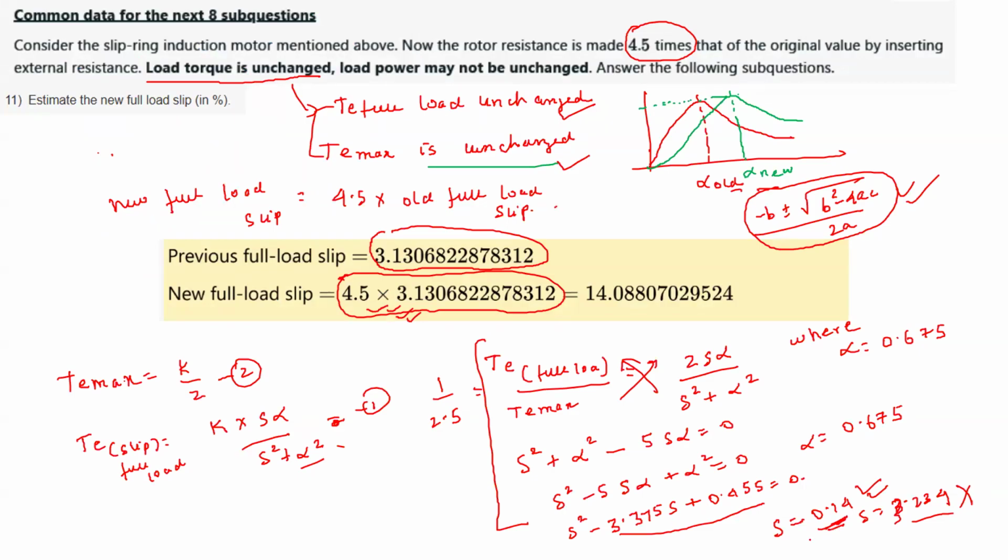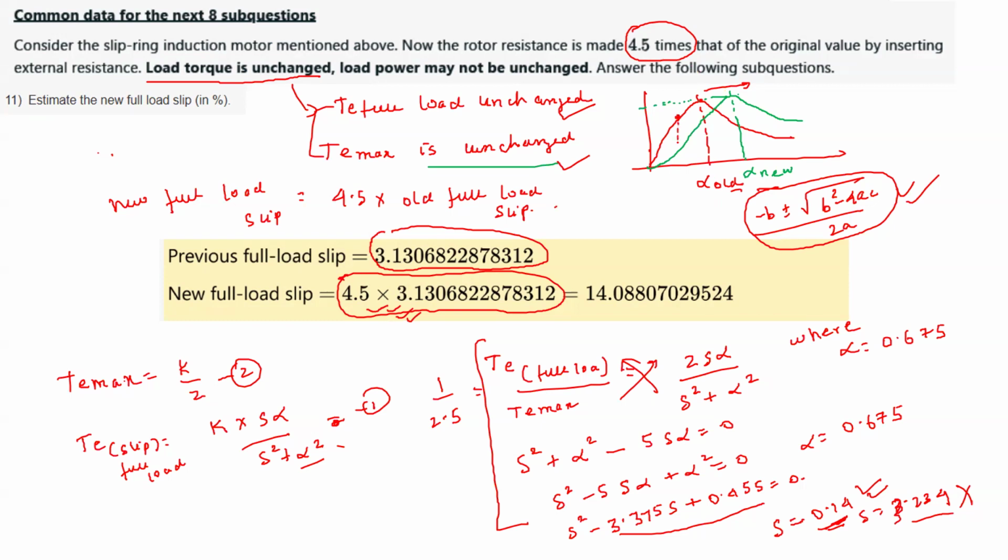But if you think logically, this torque slip characteristic is getting shifted on the x-axis by this 4.5 times. Maximum torque was happening at, let us say, alpha old. So now alpha new is such that maximum torque is now at 4.5 times alpha old.